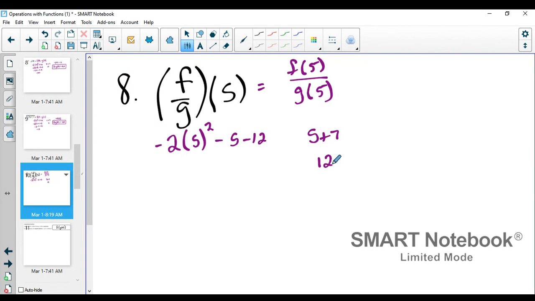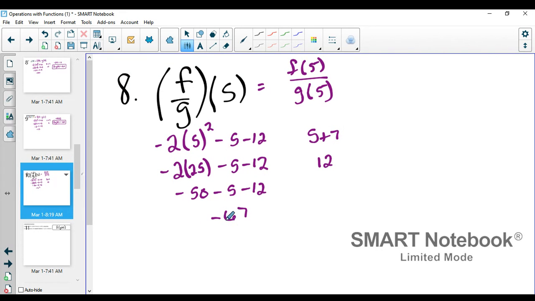So this is 12. So 5 squared is 25. So -2 times 25 minus 5 minus 12. So negative 2 times 25 is negative 50 minus 5 minus 12. So we have negative 55 and negative 12. So we have negative 67 and 12.